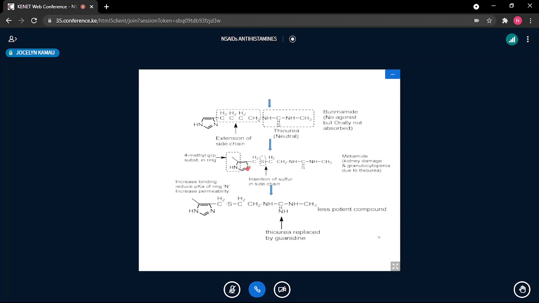Once you decrease its basicity, that implies you do not allow this nitrogen to form the NH. Remember, we did mention that the imidazole ring can undergo tautomerization, where we have it as either the tele tautomer or the pi tautomer. So once you decrease the basicity of this group, you do not allow for the formation of the pi tautomer, and you have already, because of the addition of the methyl group, promoted the formation of the tele tautomer, and that is what you require.